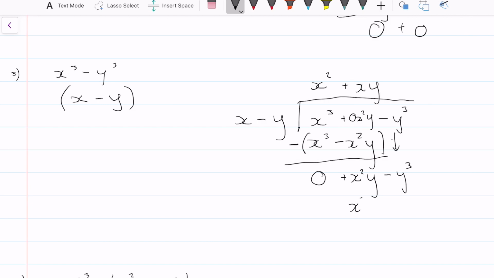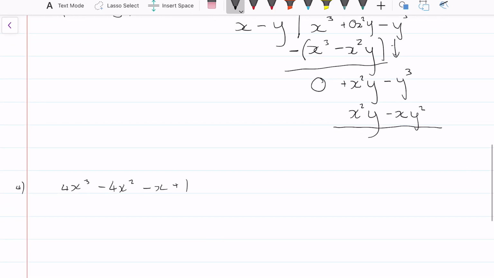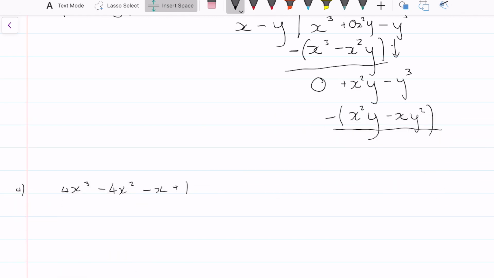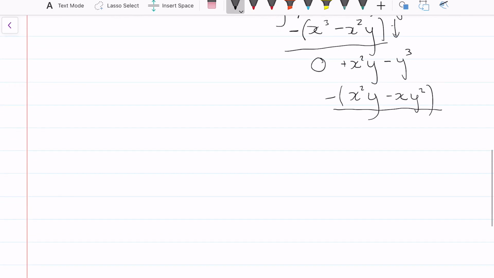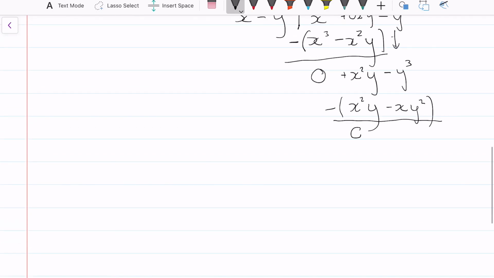So then we get x squared y minus x y squared, and then we're going to subtract the first term from the second term. Just going to give myself some space. Okay, so then what we get is 0.